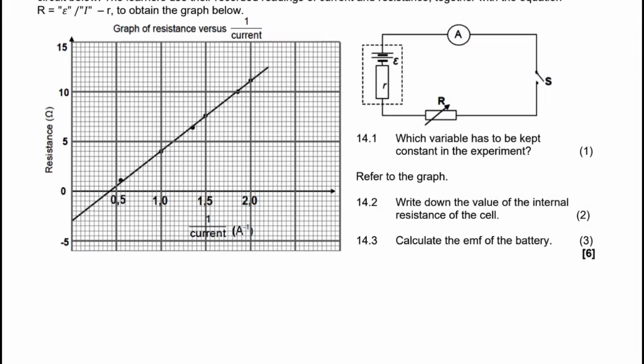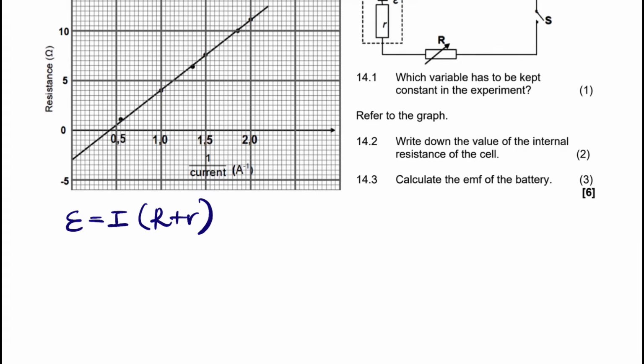Now, guys, let's look at the equation of this graph. Before we go to the question, the equation of this graph comes from EMF is equal to I (R plus r). That equation is the definition of the EMF. So now, looking at my y-axis here is the resistance, and my x-axis is the inverse of the current.